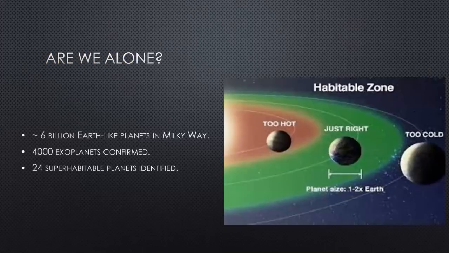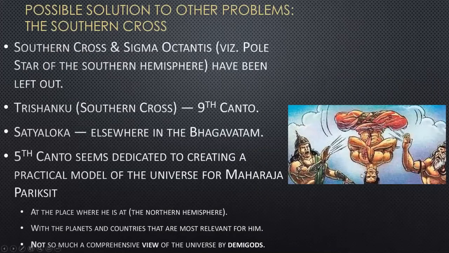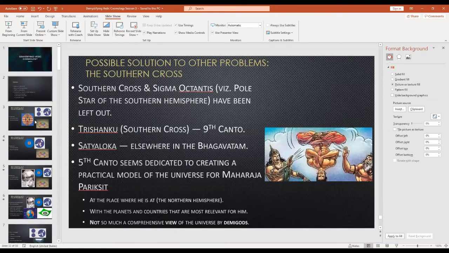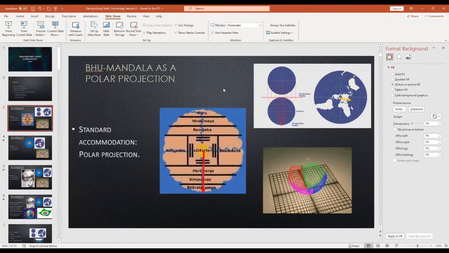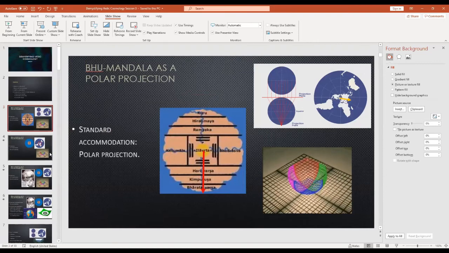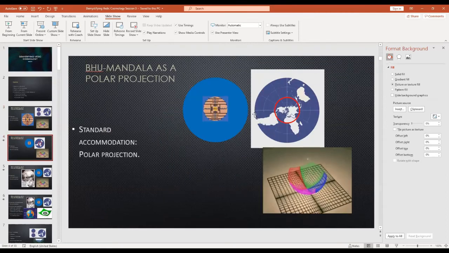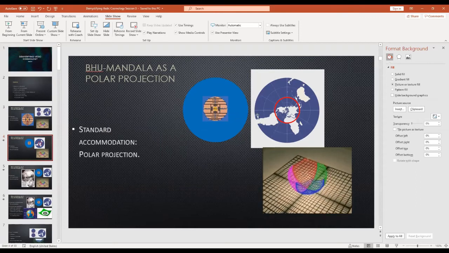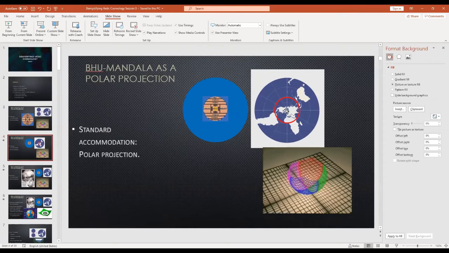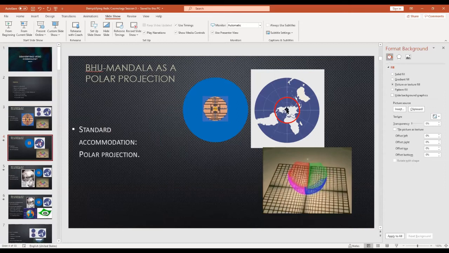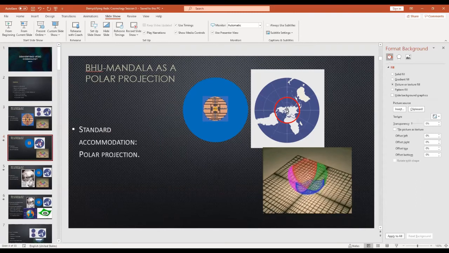Well, if you saw the different models that we gave, it really depends on how you look at it. But Mount Meru, if you take this polar projection, would be right here in the northern hemisphere. Mount Meru would be at the North Pole.